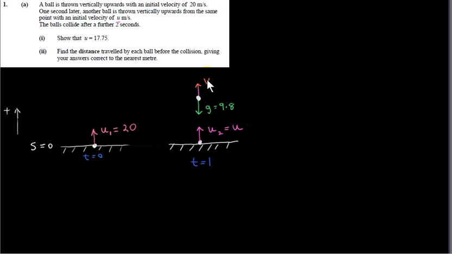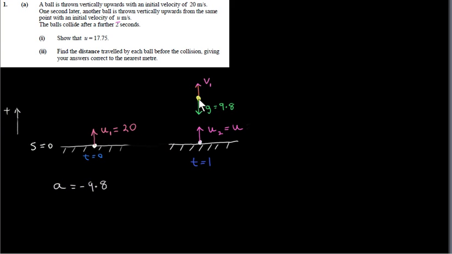Its new velocity, v1, is obviously less than u1 because this first ball is decelerating because it's acted on by the force of gravity. Its weight is acting on it, which means it's got an acceleration due to gravity of 9.8. The magnitude of the acceleration is 9.8, but the actual acceleration, a, is minus 9.8.